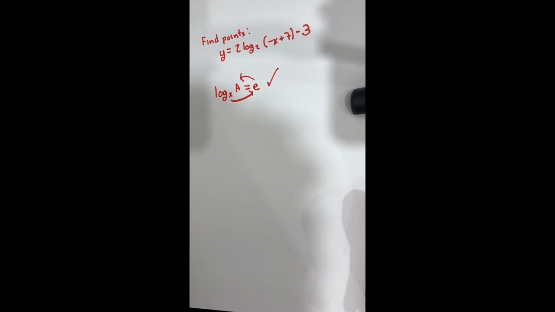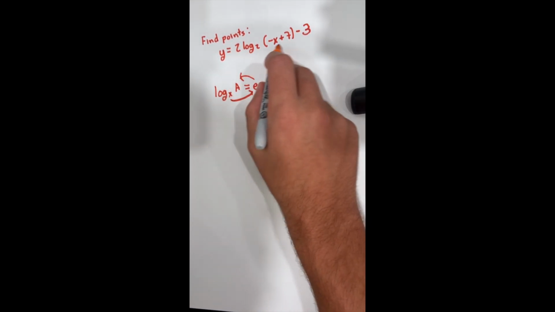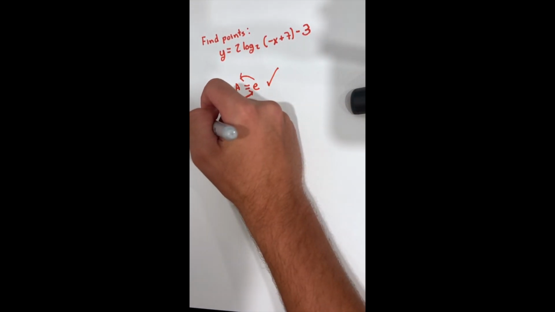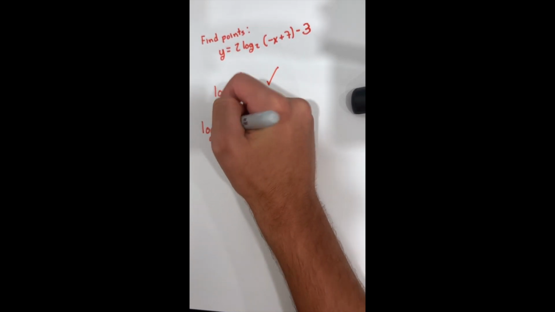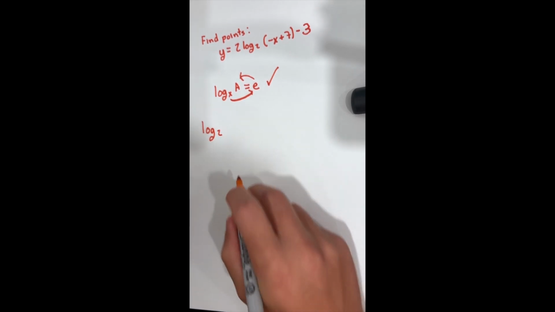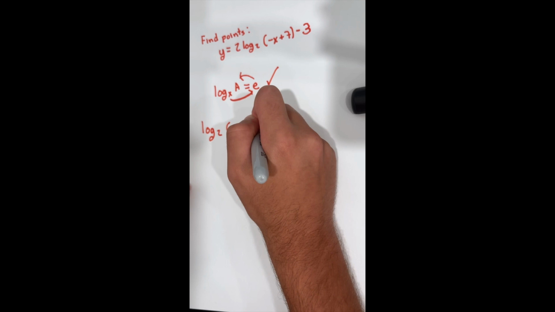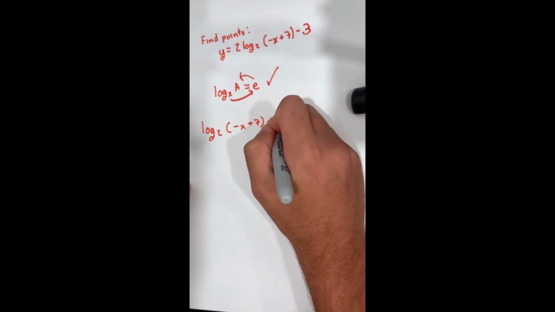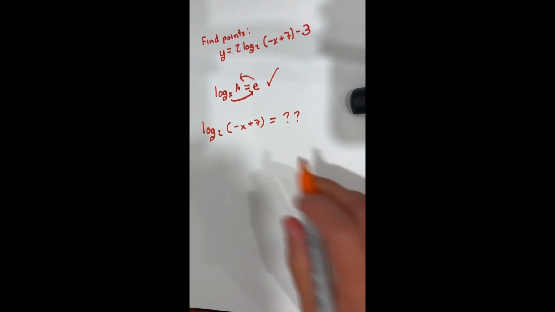So in this function we have log base 2 of negative x plus 7. So we could take that out and we have log base 2 of negative x plus 7 equals something. What is that something?